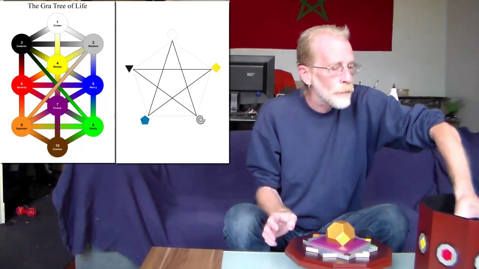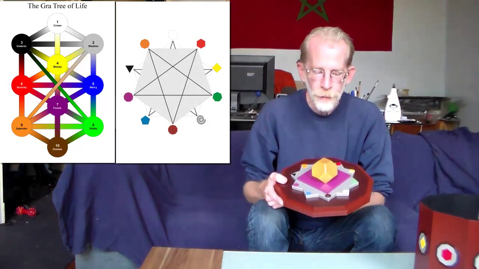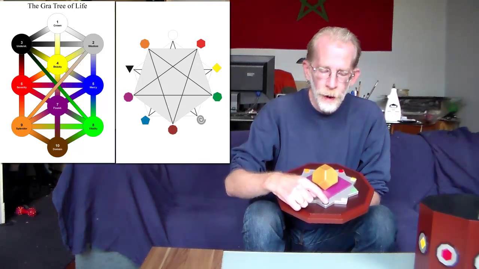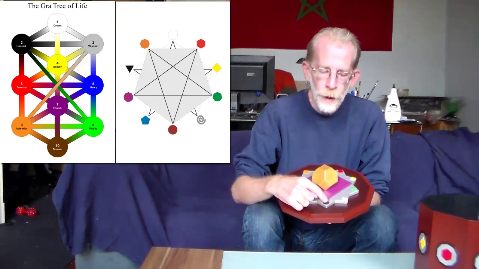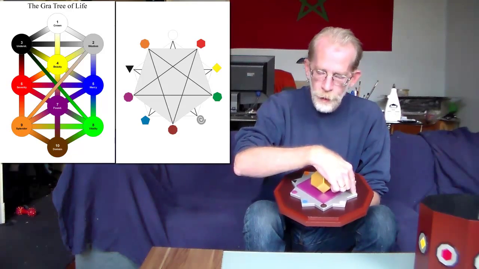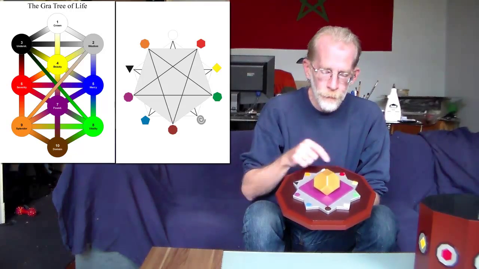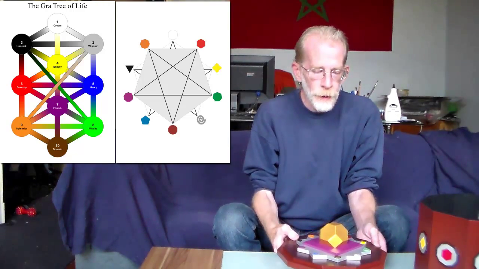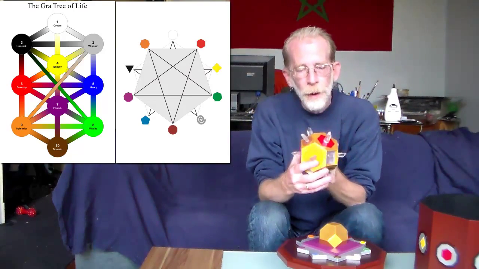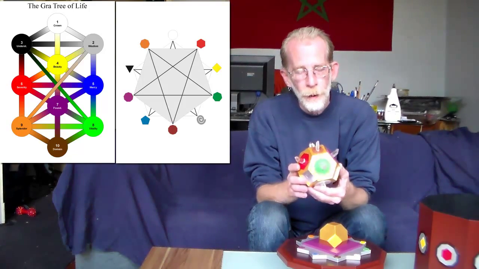The bottom 5 Sephirot on the Gra tree are inverted in this, and we go in the opposite order: Malkuth, Hod, Netzach, Yesod, Geburah. And this is also the 5 Sephirot on the bottom of the mechanism.